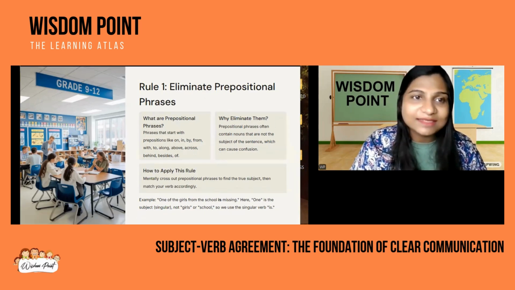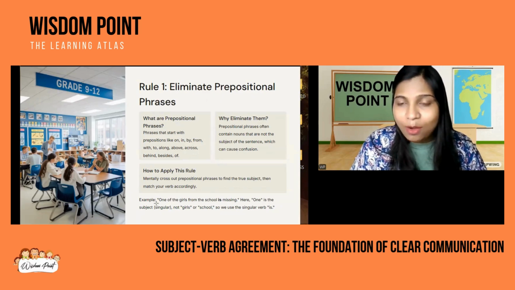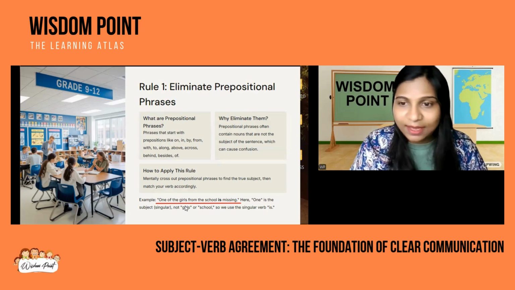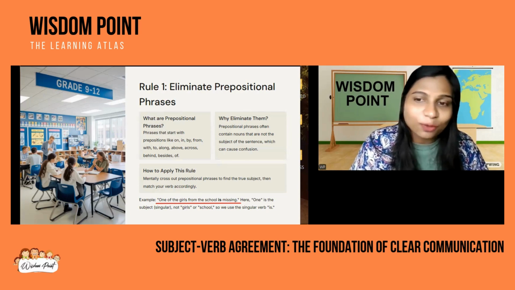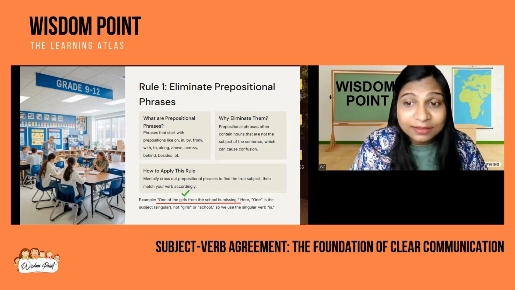You can see in a given sentence, this is my given sentence: One of the girls from the school is missing. Now, here, if I ask someone what the subject is here, a lot of students have told me before, ma'am, it's girls. But guys, it says one of the girls.